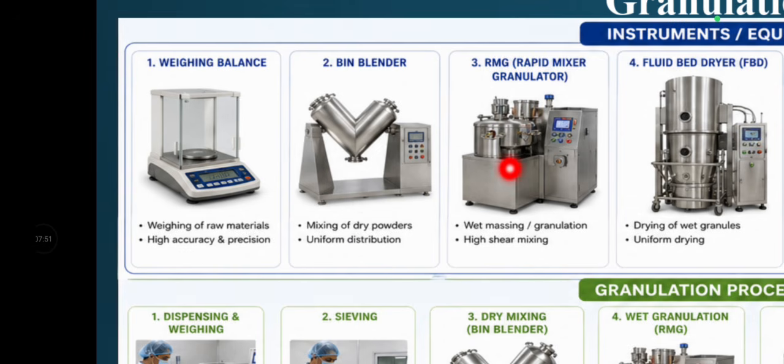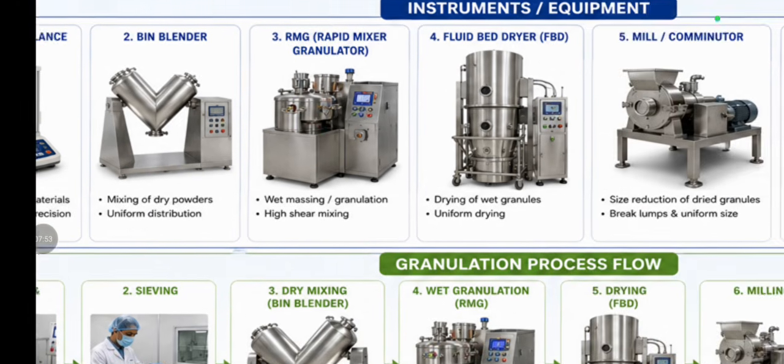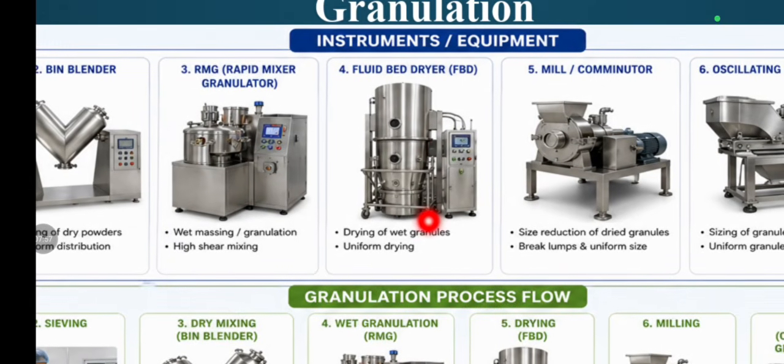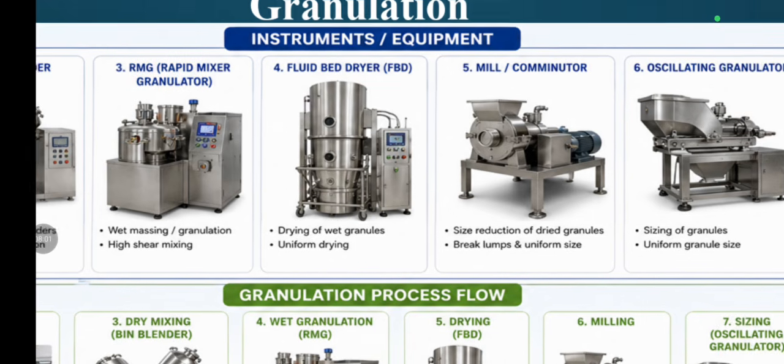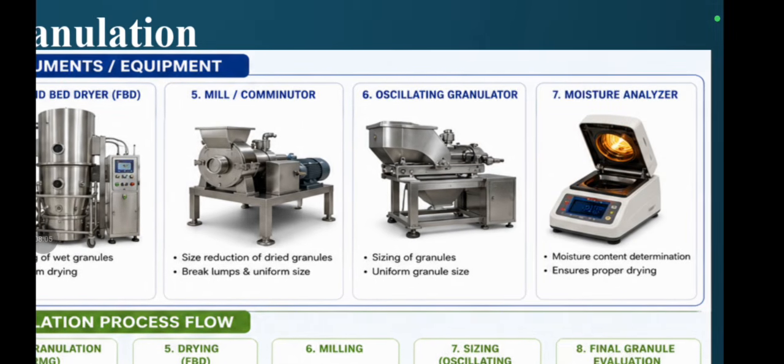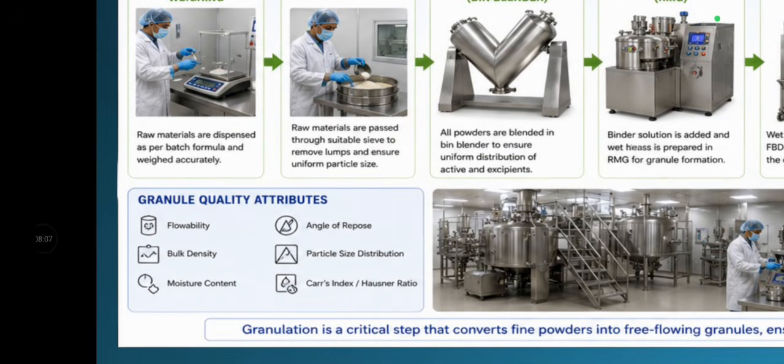RMG produces the granules, and next is FBD, which is used for drying. Then milling for size reduction of the granules, then the oscillating granulator and the moisture analyzers. These are some of the instruments we use in a granulation department.